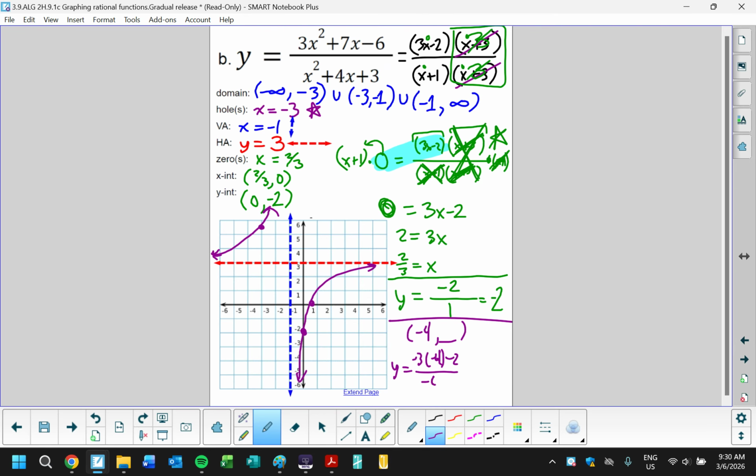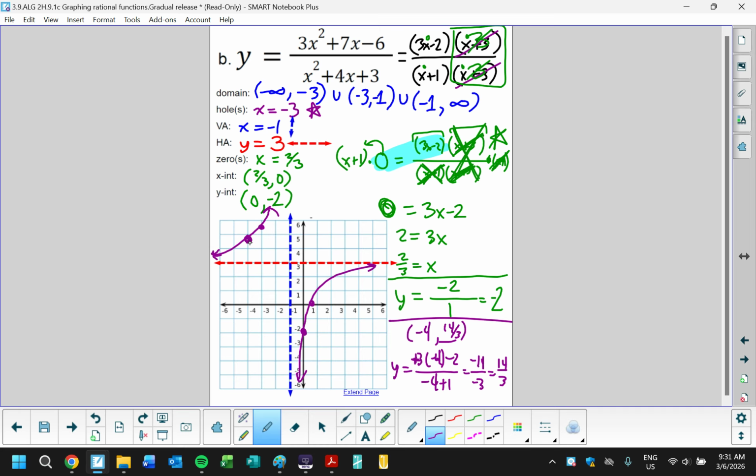Down below, we have -4 plus 1. That simplifies to -3. I don't know why I said that was -3. It was a +3. -12 minus 2 is -14. We end up with 14/3, which is the same as 4 2/3. So that does verify.